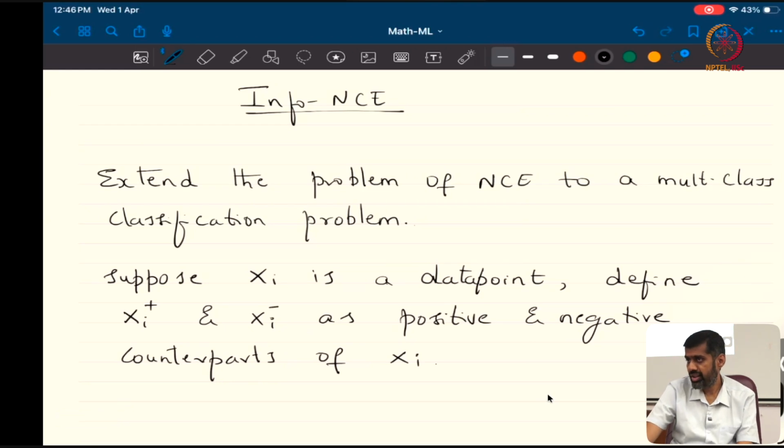If you are given a data point xi, you define two other data points, xi plus and xi minus, where xi plus is called the positive counterpart and xi minus is the negative counterpart. Xi minus is the samples of noise that we are talking about, and xi plus is another data point from the exact same distribution. So, we had d and d dash, and that is exactly what they are saying as xi and xi plus.